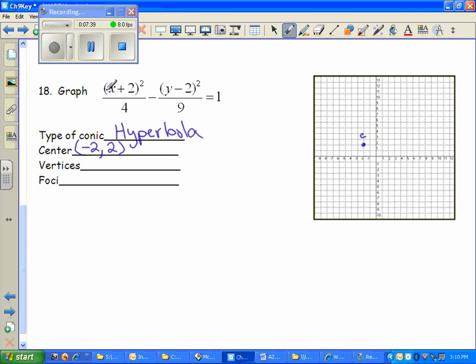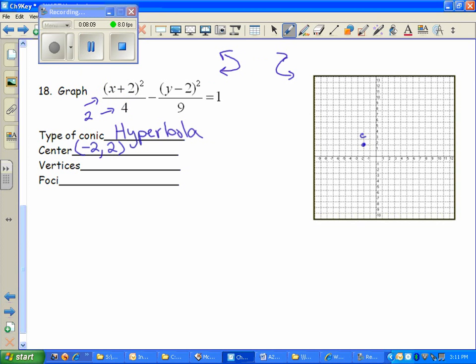And I need to look at the letter that's in the front to tell, is it going to be going out horizontally or up and down for the opening of the hyperbola. Since it has an X in the front, I know that it's going to open outward to the sides for my graph. I need to use this number underneath the X term to tell how far to move horizontally from the center.